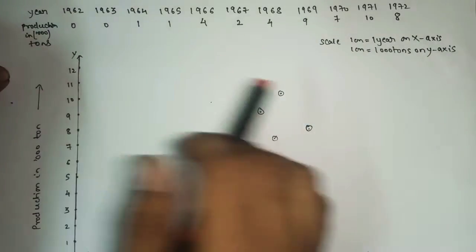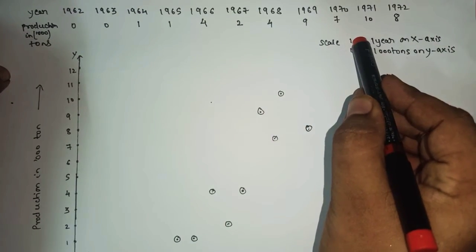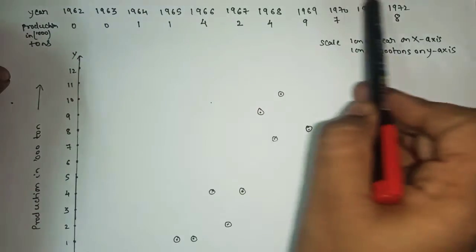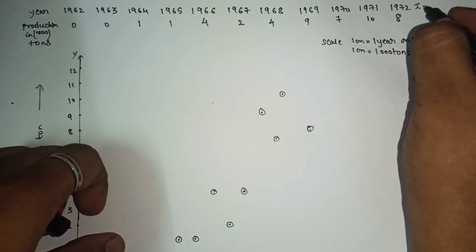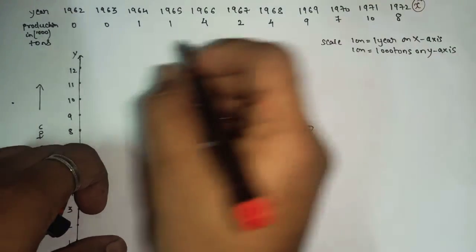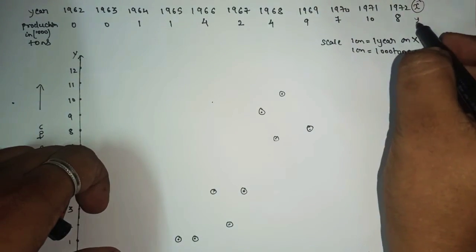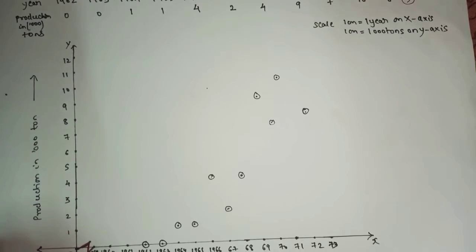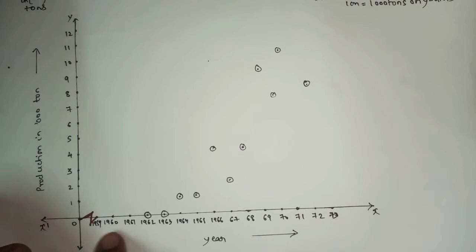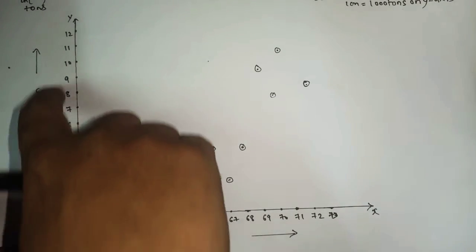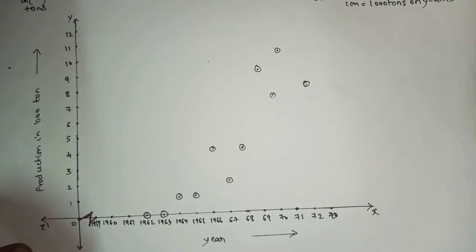For this sum I took the scale as 1 centimeter. The year will come on the x axis and the production will come on the y axis. So you will write year on the x axis and production on the y axis.